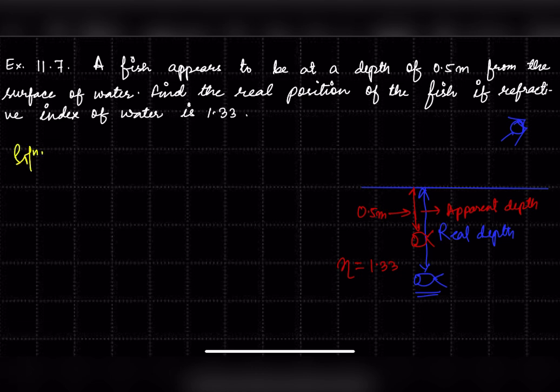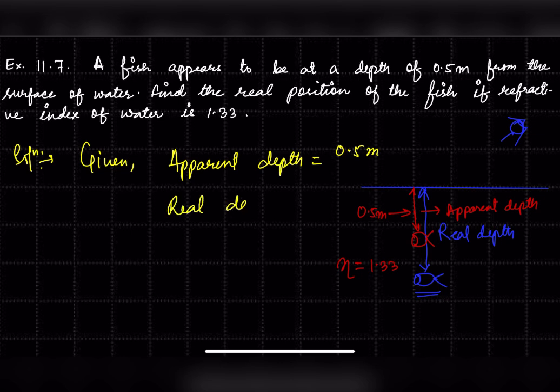Solution. First let me write down what is given. Given apparent depth is equal to 0.5 meter. Is real depth given? No. Real depth we need to find out.